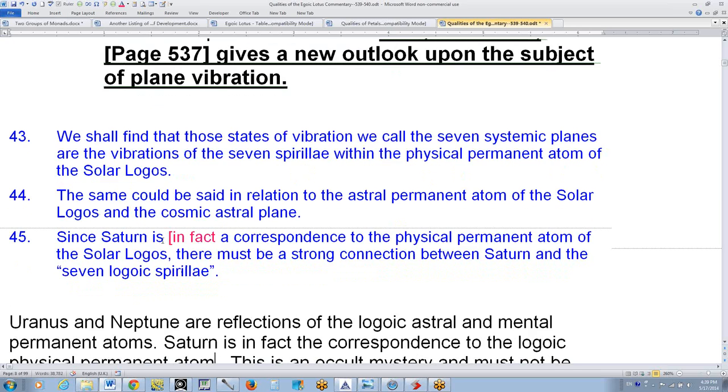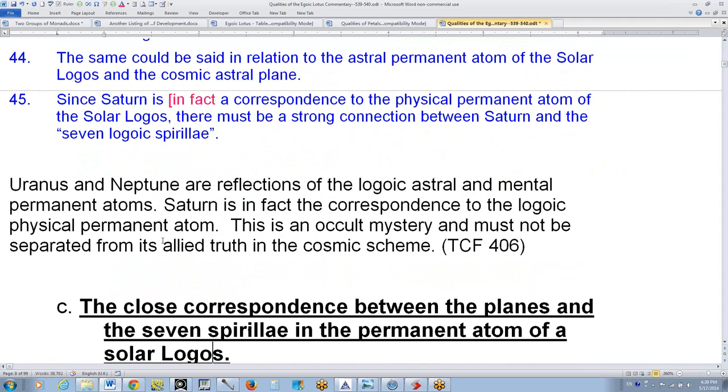Now, I guess I didn't really have to go looking because I had brought this reference in. And I've just spoken those words with Uranus and Neptune as reflections of the logoic astral and mental permanent atoms.